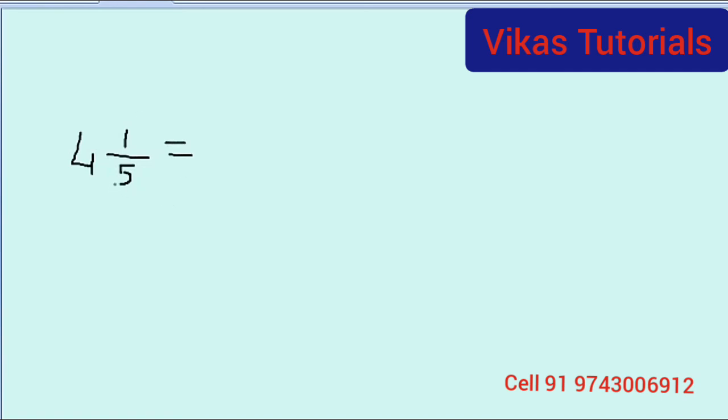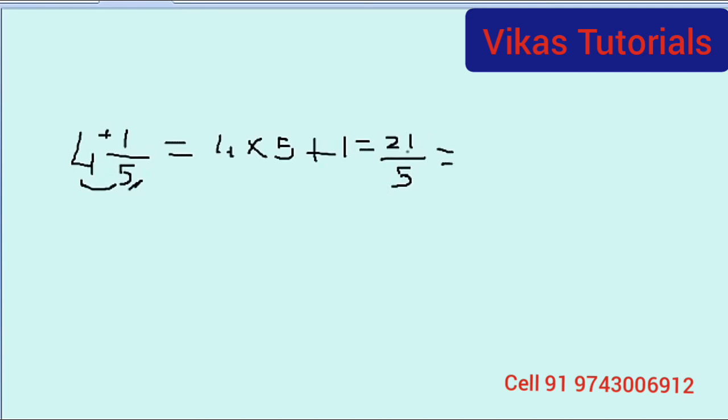So first we have to multiply 4 into 5, or 5 into 4, is how much? 20. 20 plus 1 will be 21. 4 into 5 plus 1 will be 21, divided by this number, which is written again here, 5. So when we convert it, it becomes 21 by 5.